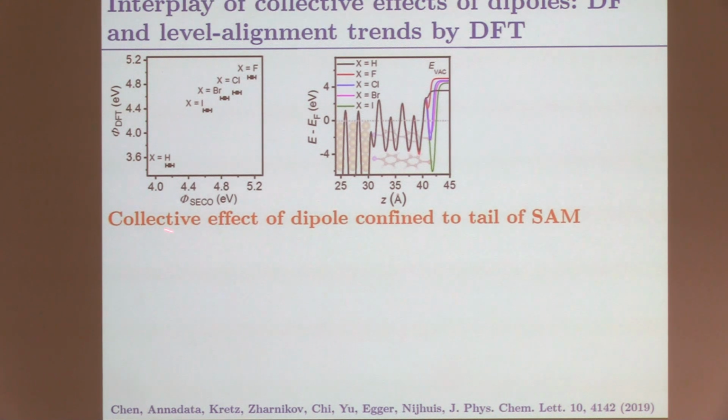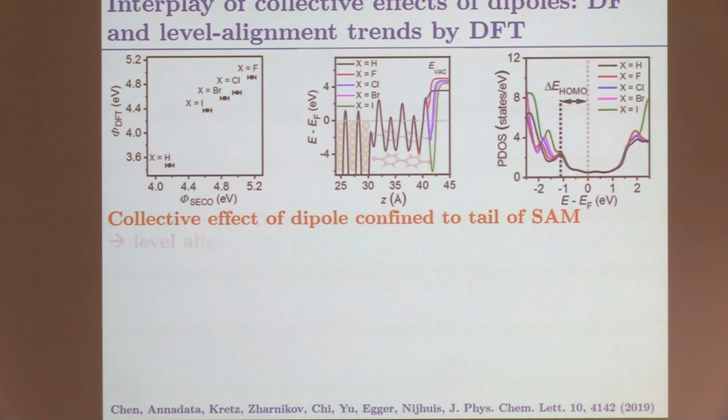Again, the collective effect of the dipoles is confined to the tail of the molecule. I've emphasized this dependence of the fields of the dipoles on space when they are densely packed. We see that nicely in plane-averaged potential energies for the different monolayers, and you see that when you compare the systems, the change really happens at the end of the molecule. It results in a different vacuum energy, and then you get different work functions.